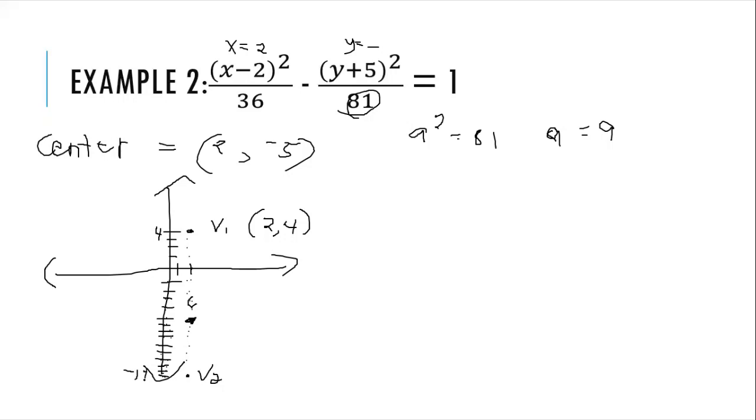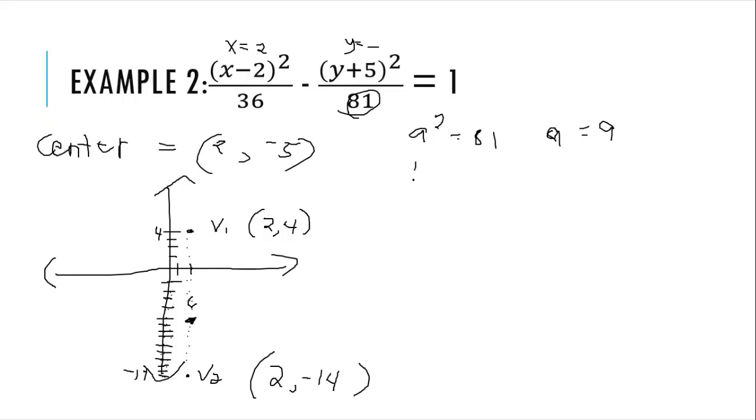Negative 14. So negative 14 nga po. Yeah, so nakatapat kay positive 2 at negative 14 si vertex number 2.